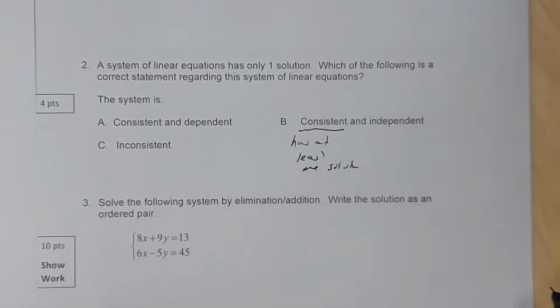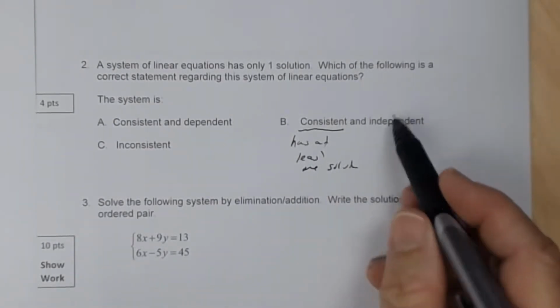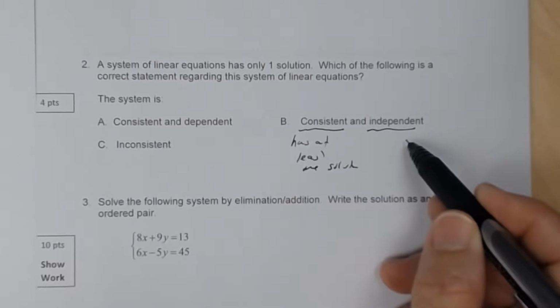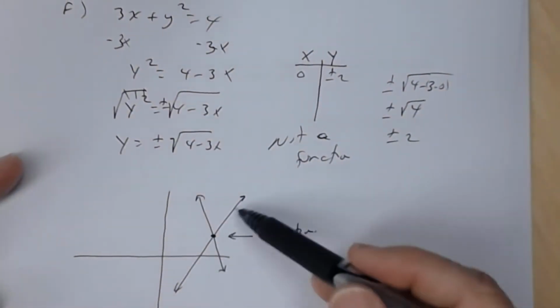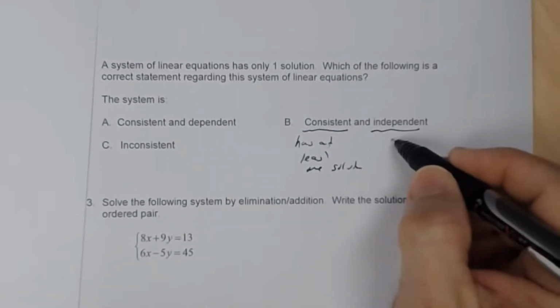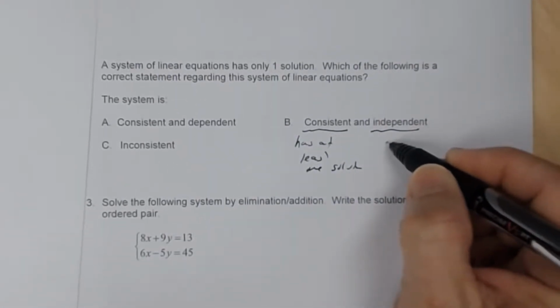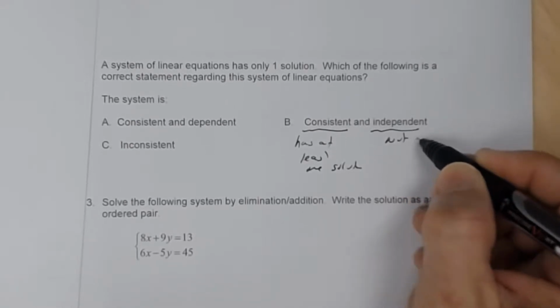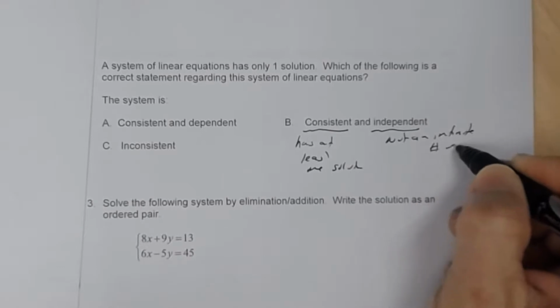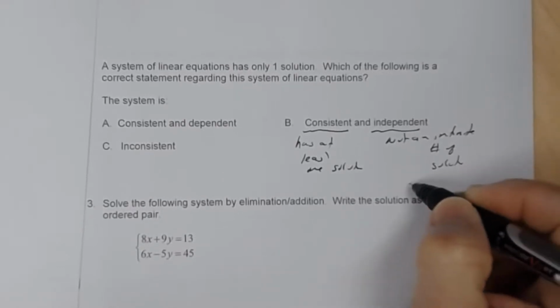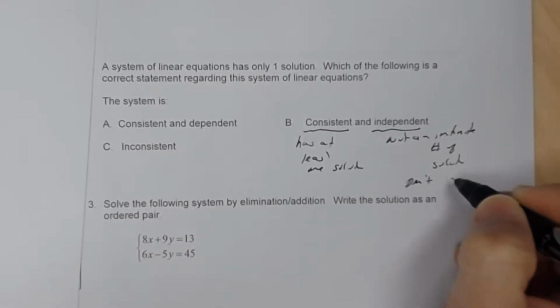Okay, so it has at least one solution, and independent means that for this particular case, those equations don't depend on each other. So basically, independent would be where it's not an infinite number of solutions. They don't overlap, let's say.